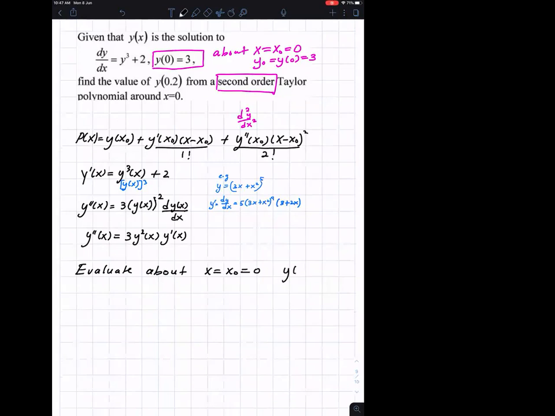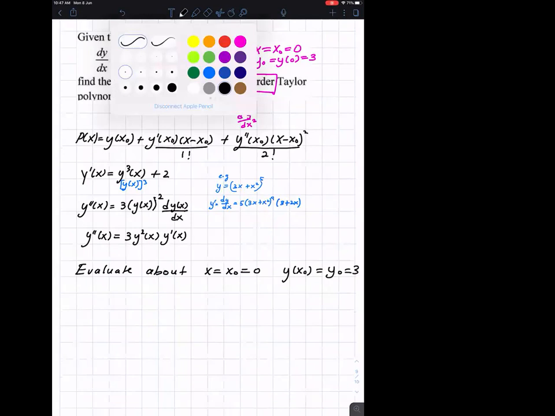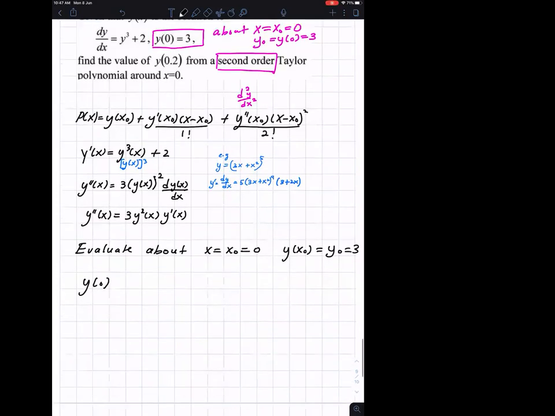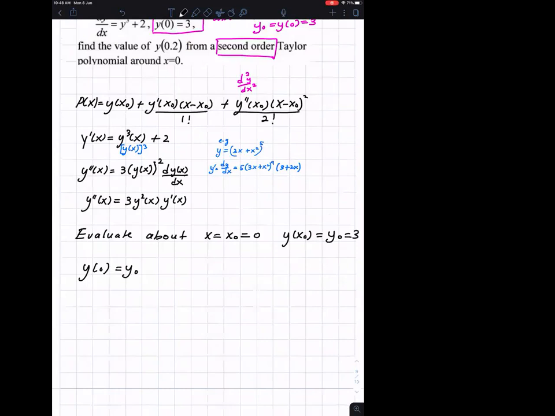And then y of x naught is simply y naught. In this case, it happens to be 3. So you evaluate at this point. Therefore, this is y naught. You can write y naught equal to y0 or whichever. So that's going to be 3.